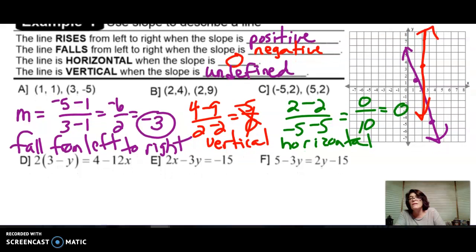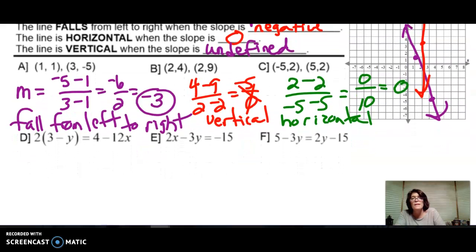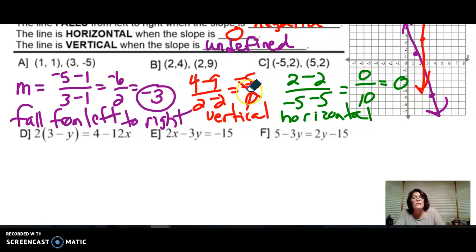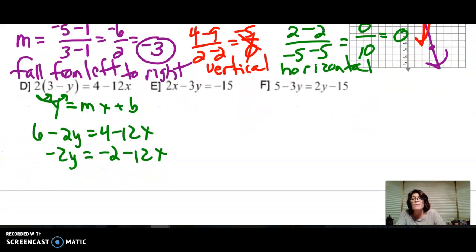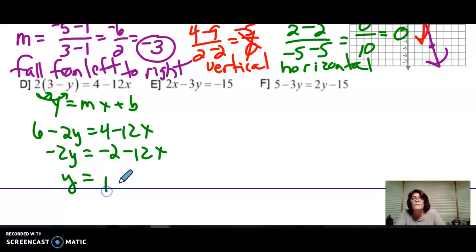Now, I don't have points this time. I just have an equation. I would like to make that look like y equals mx plus b, so I need to get this y by itself. I'm going to distribute the 2 through, subtract 6 from the 4, and divide by negative 2.